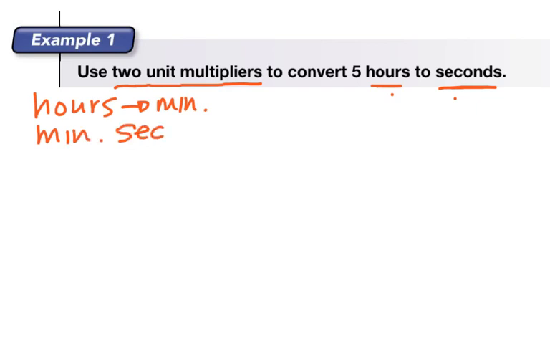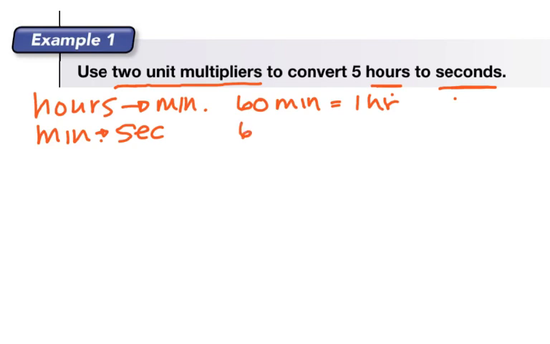So let's first think about what our unit multiplier would be for hours to minutes. Well, how many minutes are in 1 hour? Well, we know that there are 60 minutes equals 1 hour. We're going from minutes to seconds. Well, again, how many seconds are in 1 minute?